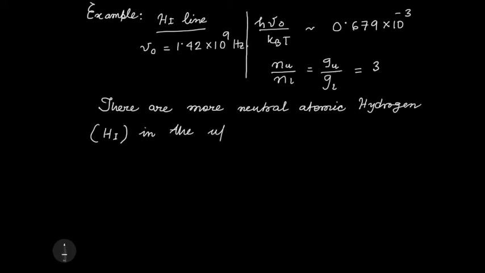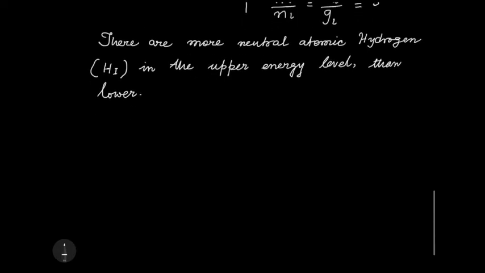So from now on we'll write H1 only. In the upper energy level, there are 3 times more than lower. That's a plus point because you see the probability of transition is already less, but this gives us some hope because we have at least managed to keep more in the upper level than the lower level.